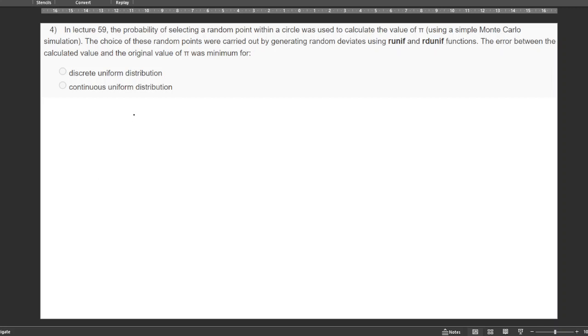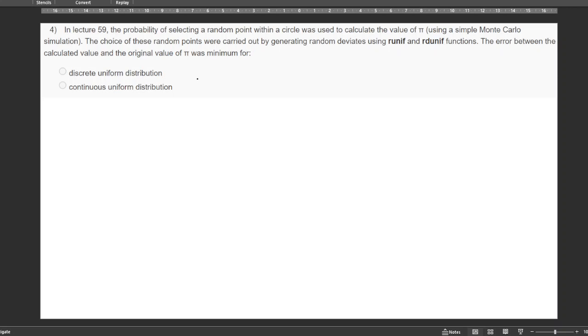So in lecture 59, the probability of selecting a random point when a circle was used to calculate the value of pi. Here they are simply asking, if you have random deviates generated from a uniform distribution using the runif and rdunif functions, where the error between the calculated value and the original pi is minimum.